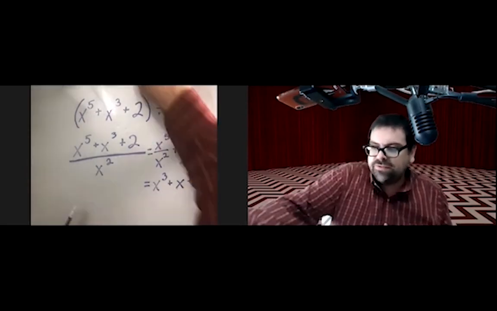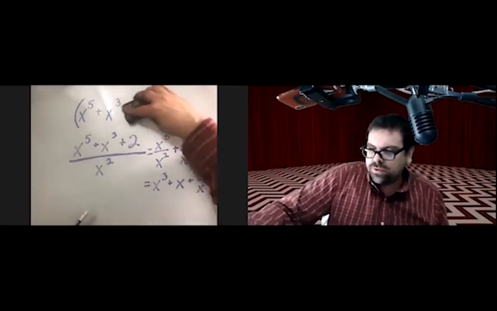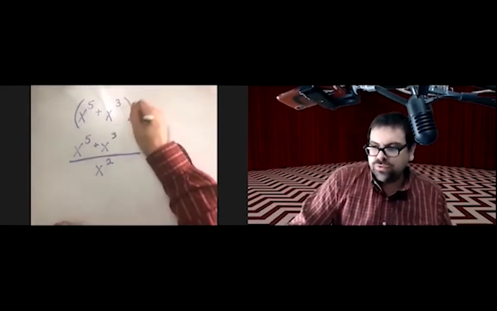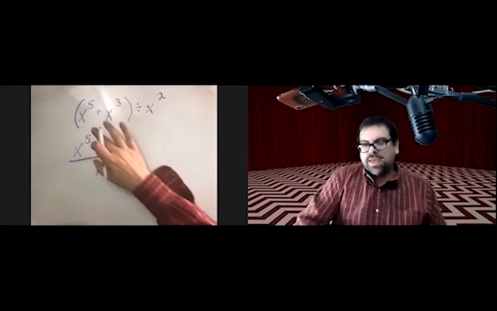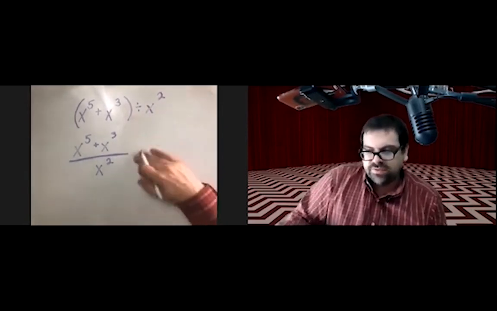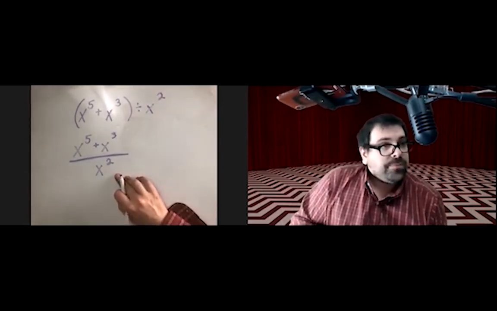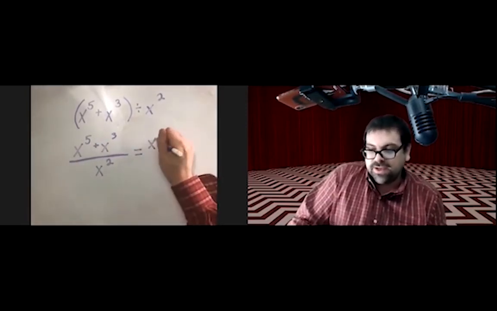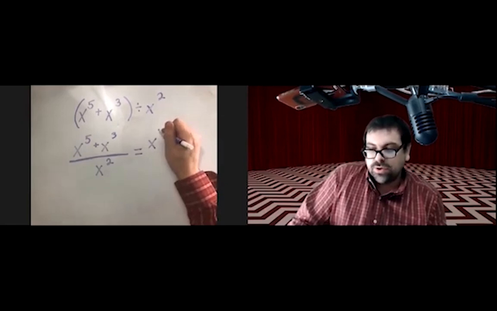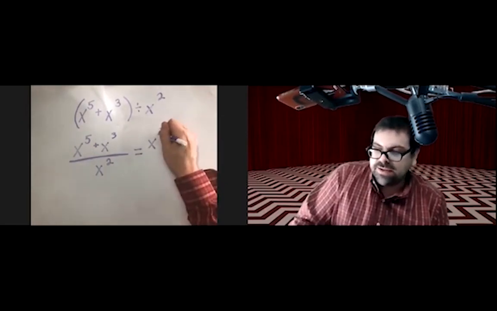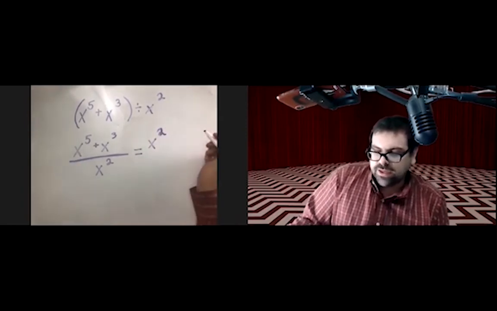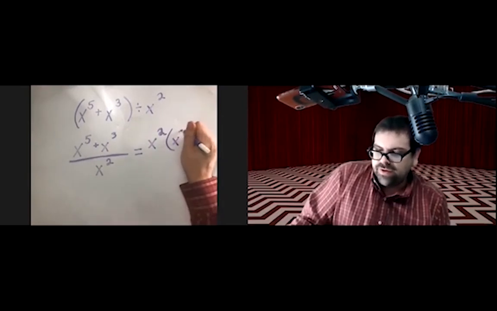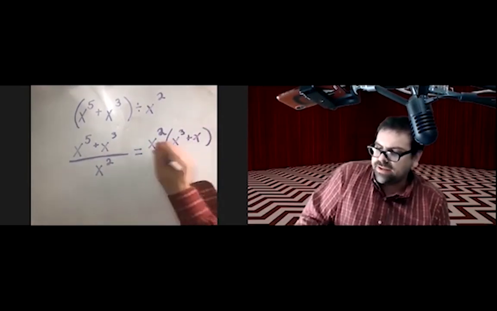To help illustrate this even more, for my next example, I'm going to get rid of the plus 2. Let's just do x to the fifth plus x cubed divided by x squared. Well, on top, we can factor an x cubed out, but let's specifically just look at the x squared. If we factored that out, we would have x cubed plus x.